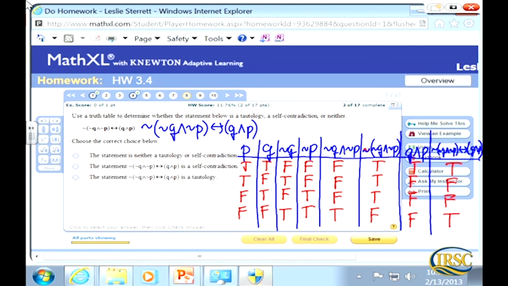But now we have to actually answer the question that they posed to us. We did the truth table. And so the question is, is this a tautology, a self-contradiction, or neither? Neither is correct, good, because you have a mix of truths and falses. So we're going to pick that first choice right there.